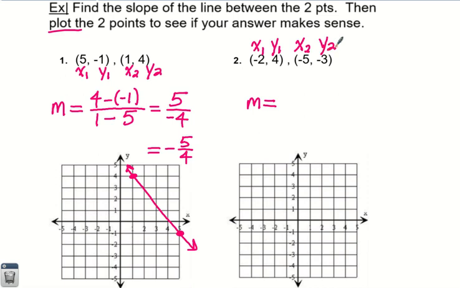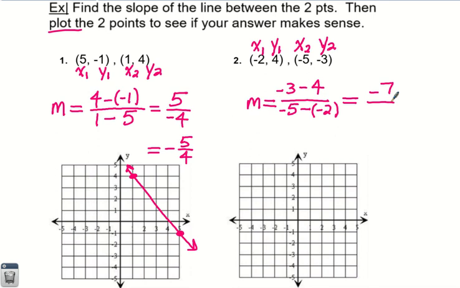So the formula says y2 minus y1 on top. On the bottom we have x2 minus, and then looks like x1 is negative 2. And so we get that. Okay, so on top, negative 3 minus 4. Double check on your calculator if you have to, but negative 3 minus 4 is negative 7.